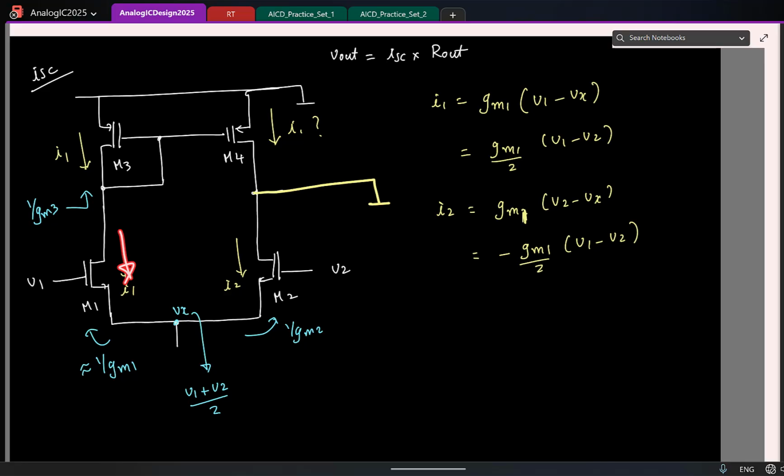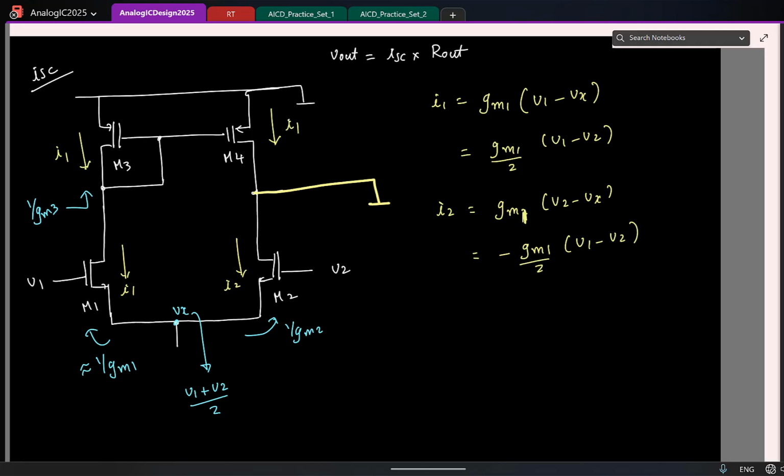Some current is flowing. The gate voltage will adjust automatically to make sure the current in the transistor is I1. Now the same gate voltage is fed to an identical transistor, so the current will be the same. Is that okay? So the current through transistor M4 is also I1.